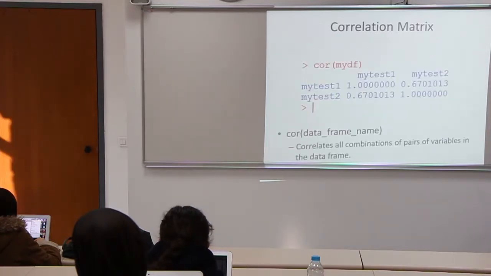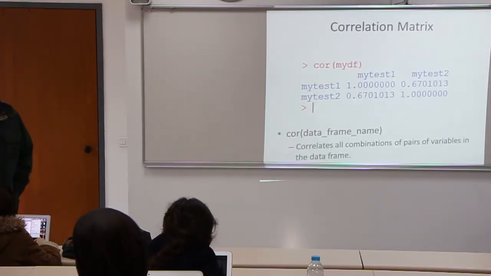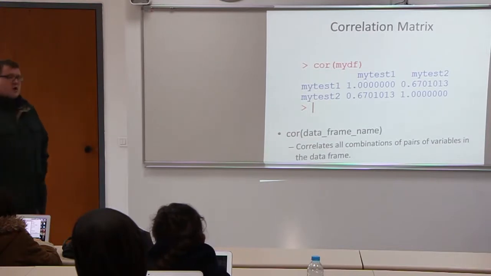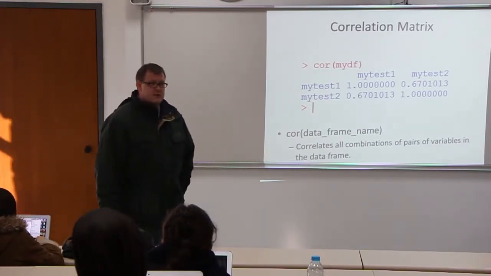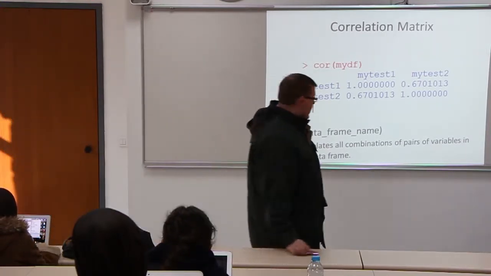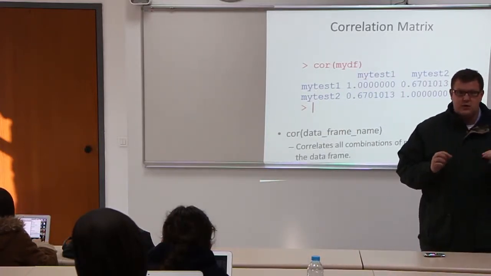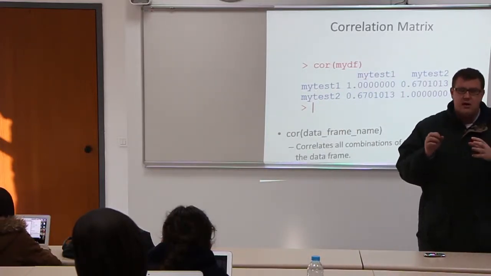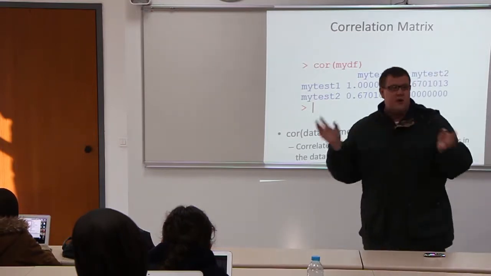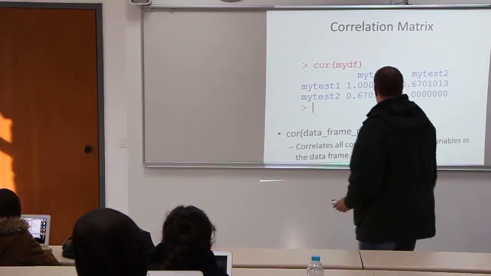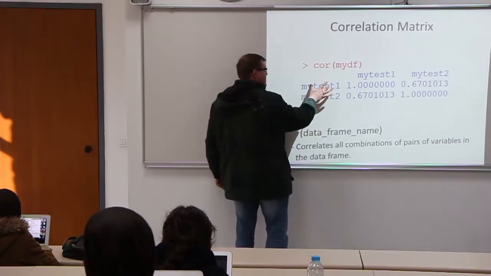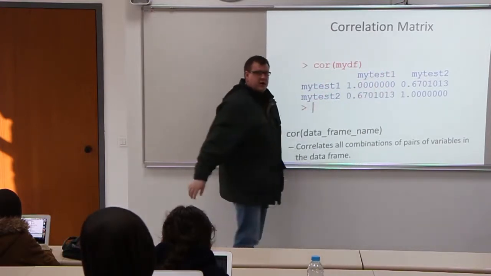It looks something like this, right? This is called a correlation matrix. And what the correlation matrix contains are correlations between each variable with each variable. So here we have a correlation between test 1 scores and test 1 scores.